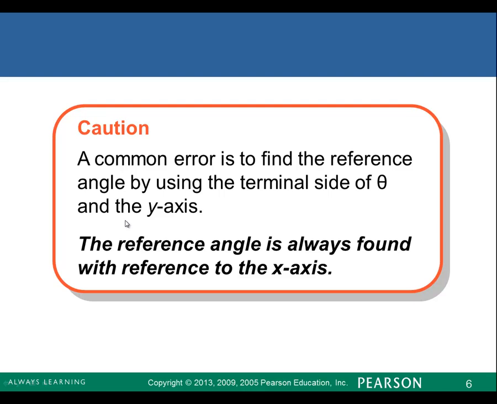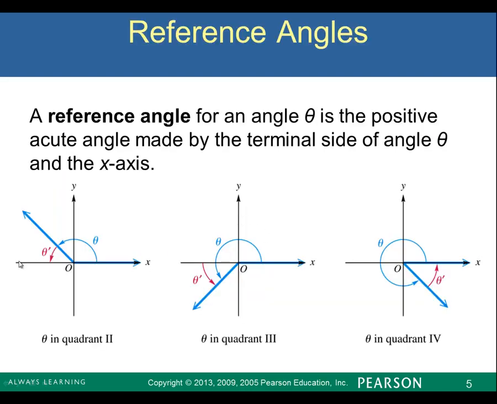A common error is that students may use the y-axis instead of the x. You're always going to reference in terms of the x-axis, always. Okay, no matter whether you're on the negative side or the positive side.